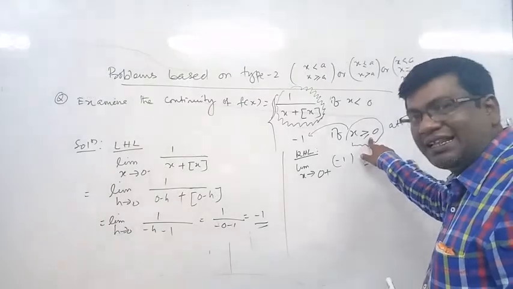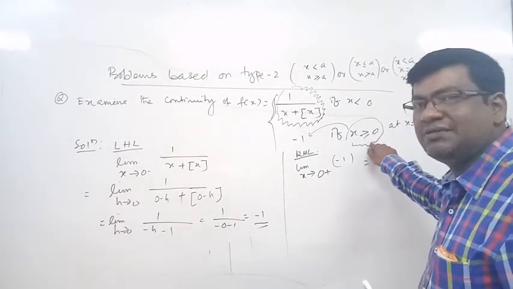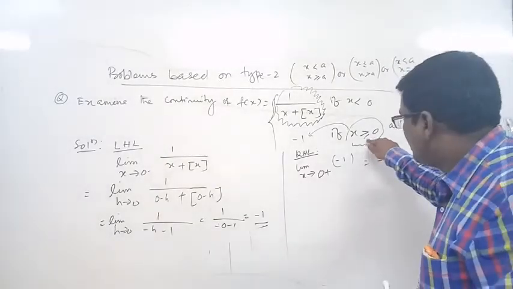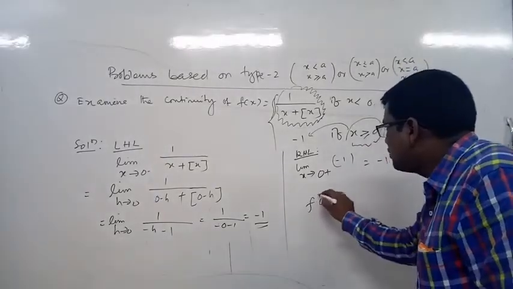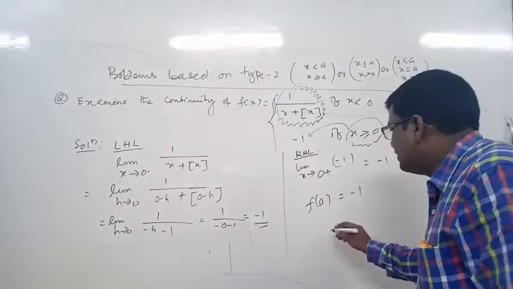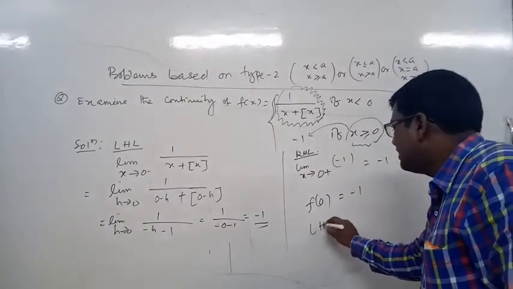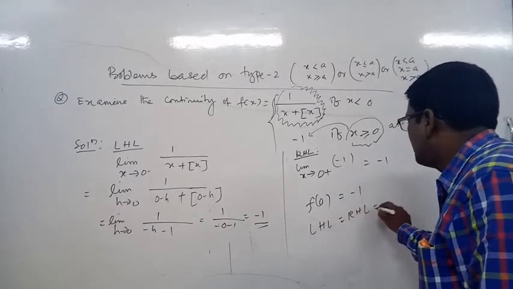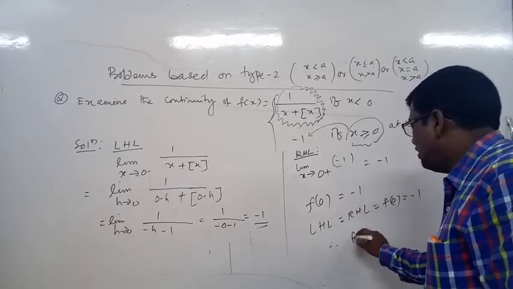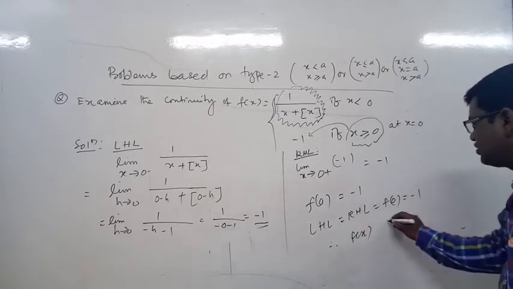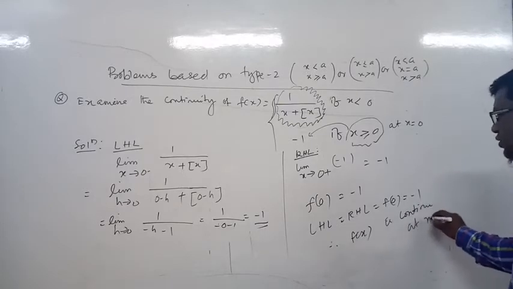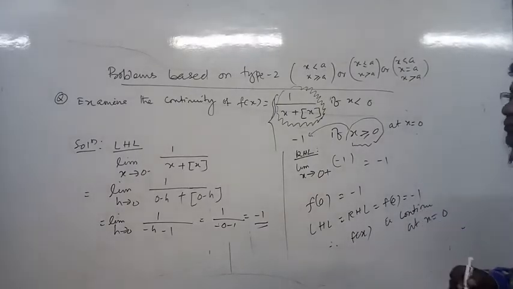Here x greater than or equal to sign is present, so from this we can determine the functional value. So f of 0 is equal to the corresponding value, minus 1. Here LHL equal to RHL equal to f of 0, all are minus 1. Therefore f of x is continuous at x is equal to 0.